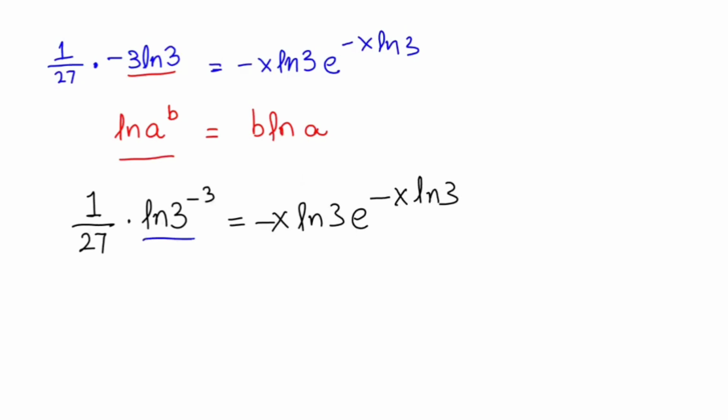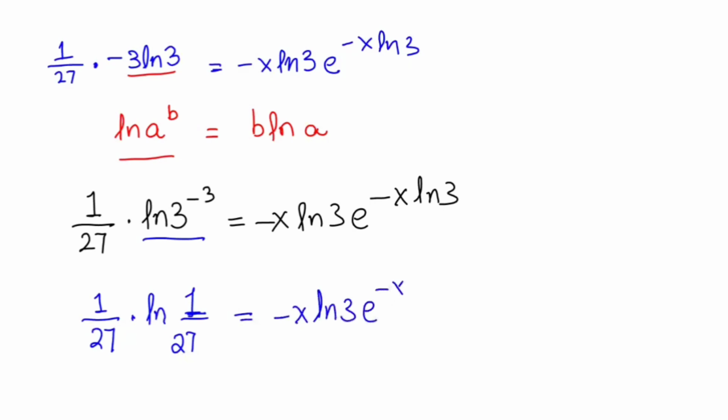Now we're going to write this in this form, 1 over 27 times ln 1 over 27, is equal to negative x ln of 3 times e raised to the power of negative x ln of 3.